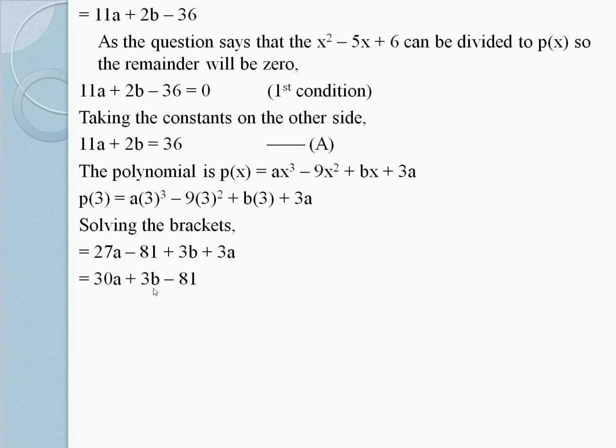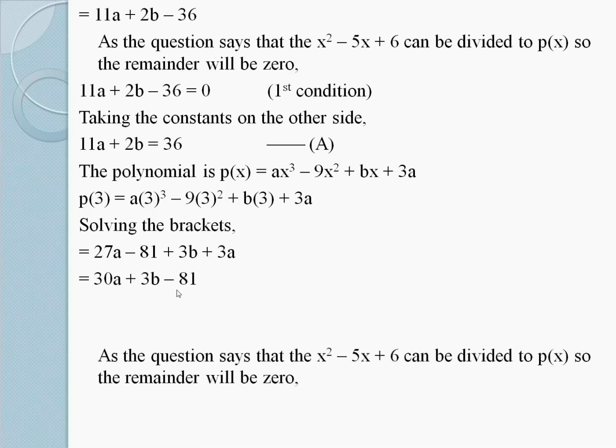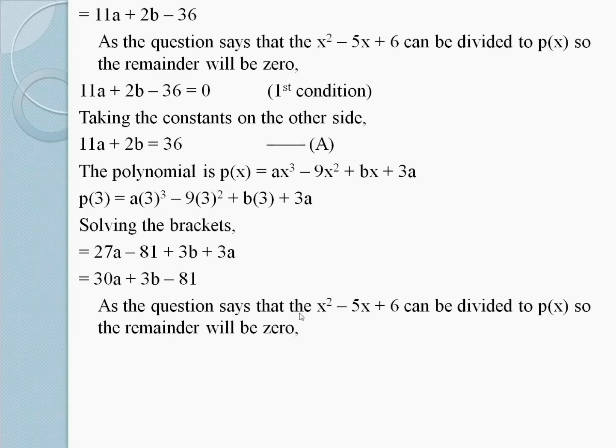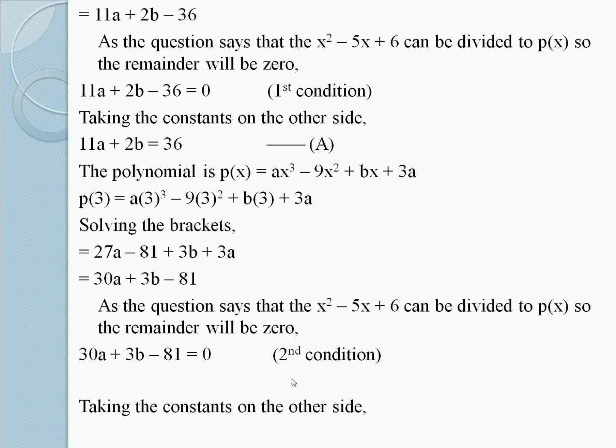30a plus 3b minus 81. As the question says that x square minus 5x plus 6 can divide p of x, the remainder will be 0. 30a plus 3b minus 81 equals 0, second condition.